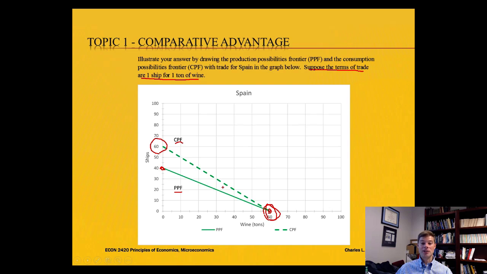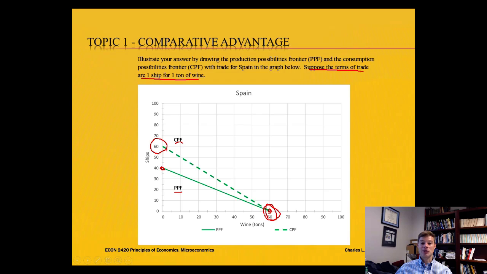The solid green line shows us their production possibilities frontier. And since the consumption possibilities frontier is outside of the production possibilities frontier, this shows us that with specialization based on comparative advantage and trade, Spain can be made better off.